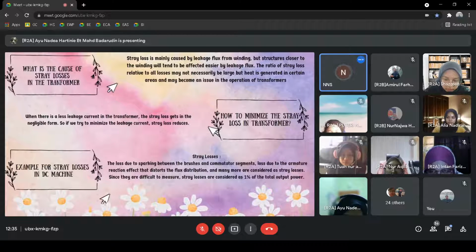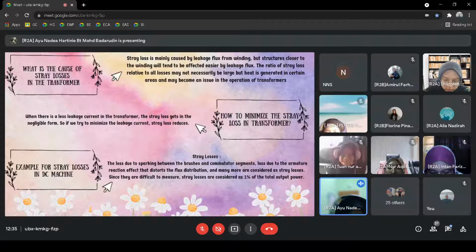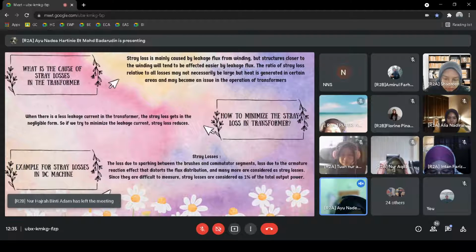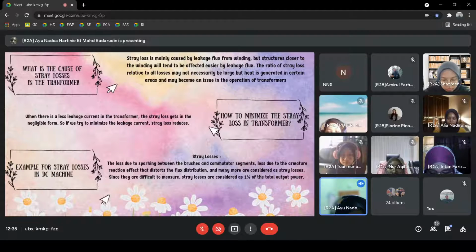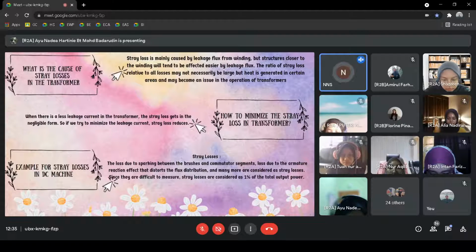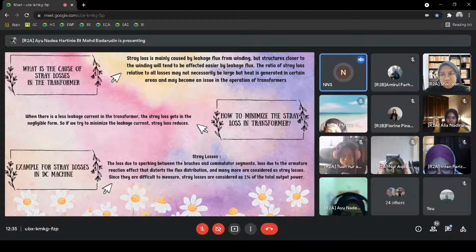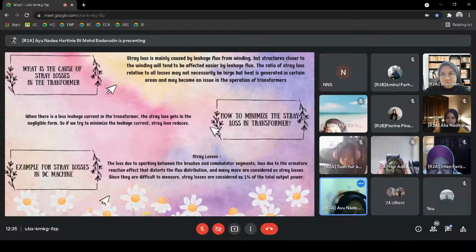Cakap kuat-kuat. Kejap, Ayu, tunggu kejap.